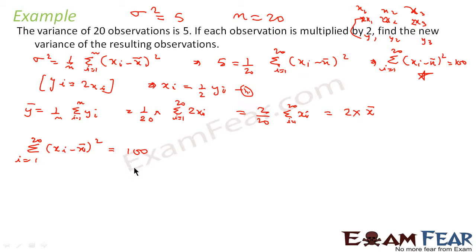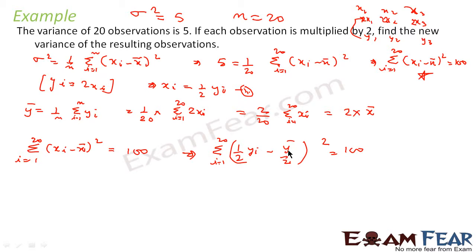Or I can say xi is nothing but 1 by 2 yi, minus x mean, which is y mean by 2, the whole square, summation, again i is equal to 1 to 20, is equal to 100.